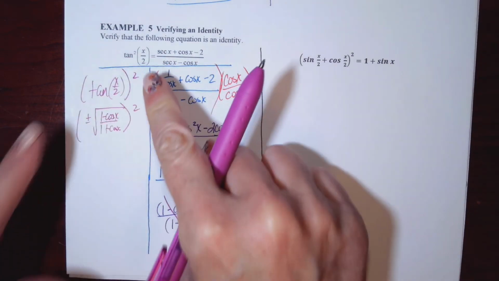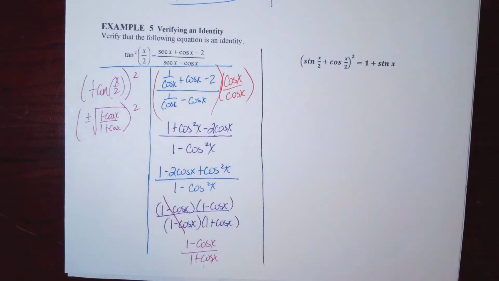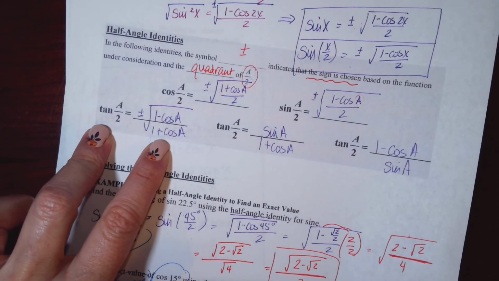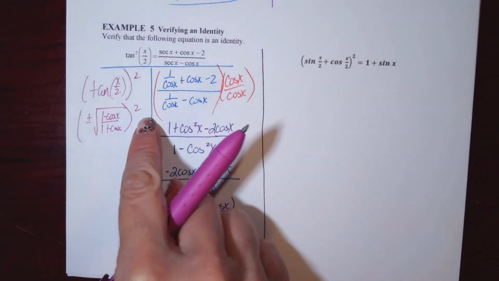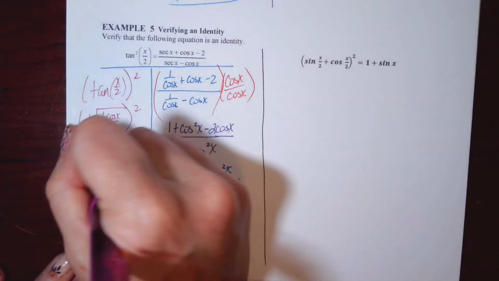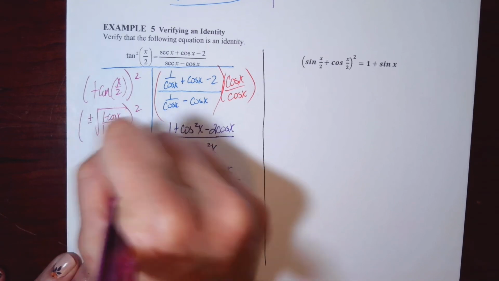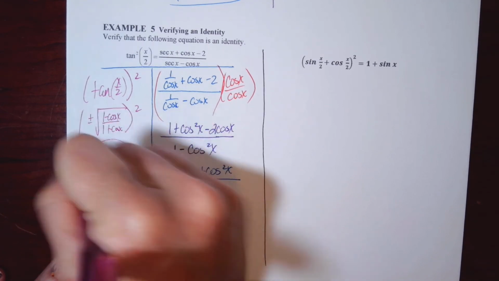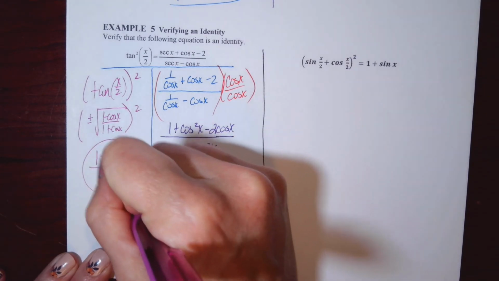And if I've got this identity and I square it, the square and the square root cancel out. Anything times itself is positive. So that leaves me with 1 minus cosine x over 1 plus cosine x, and those match.